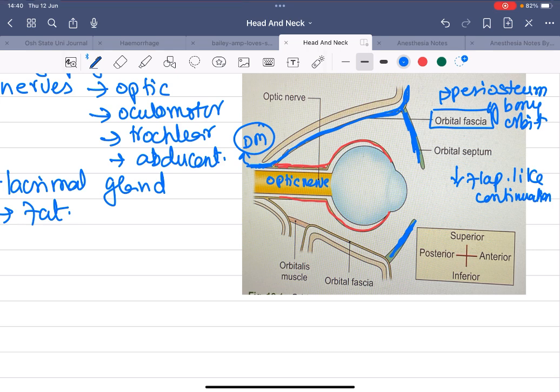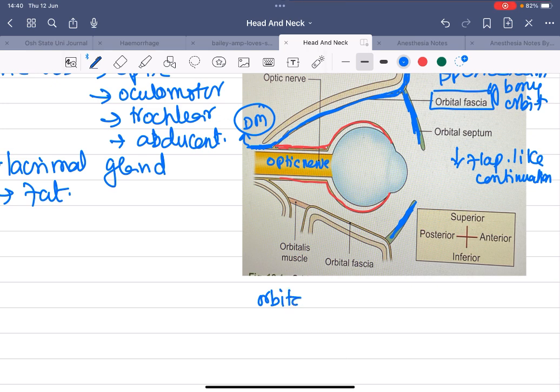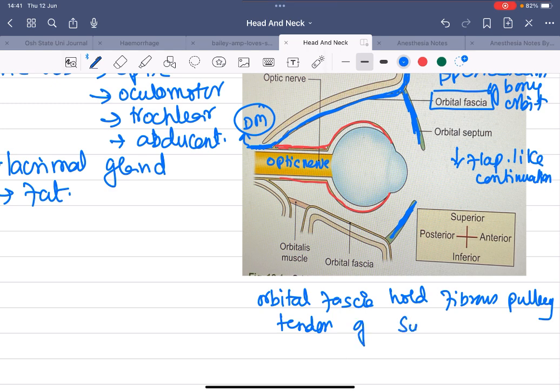And one more thing, please remember, this orbital fascia holds a fibrous pulley-like tendon of the superior oblique muscle, which I will show you later in the diagram.